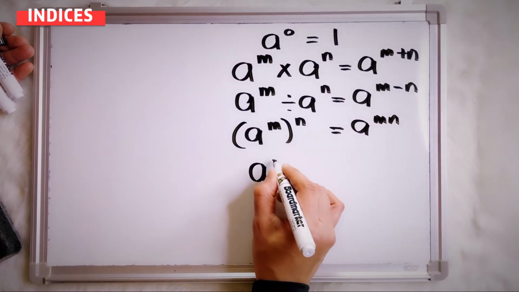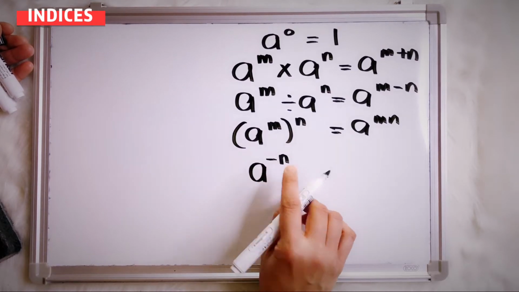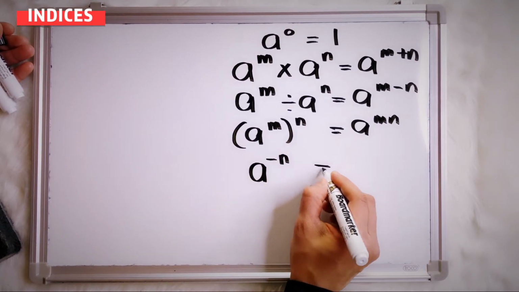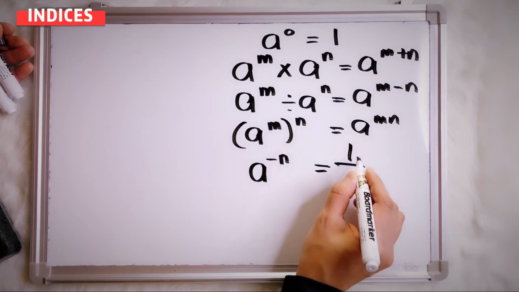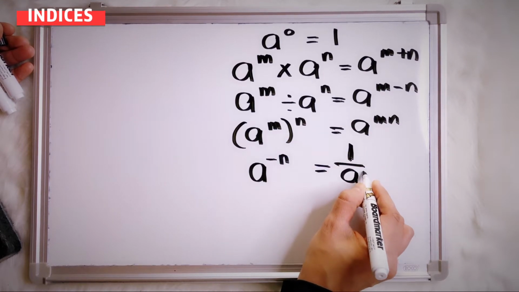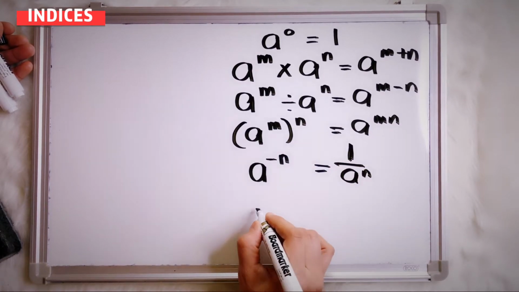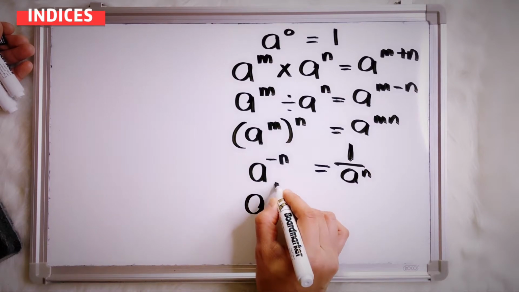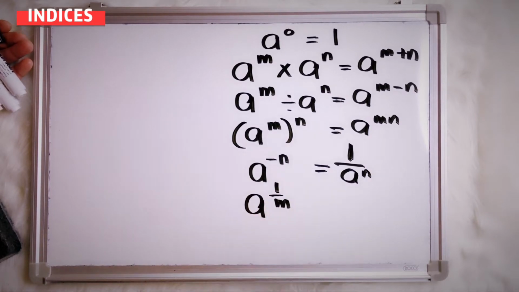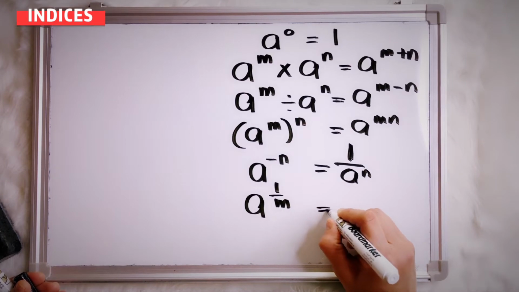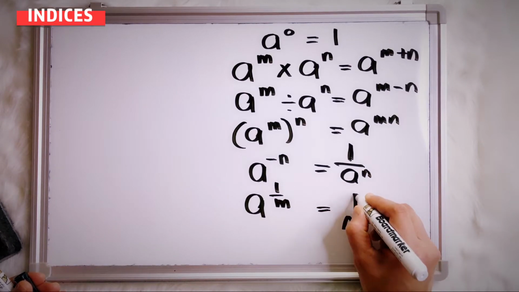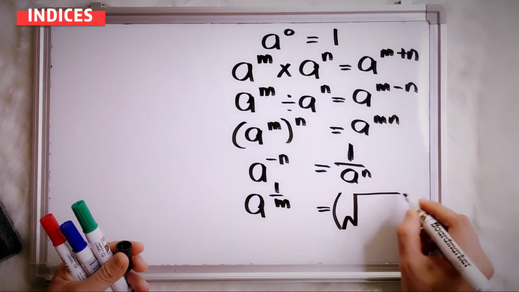When you have a to the negative n, that means 1 over a power of n. When you have a to the 1 over m, it equals the root. This one you must be careful.